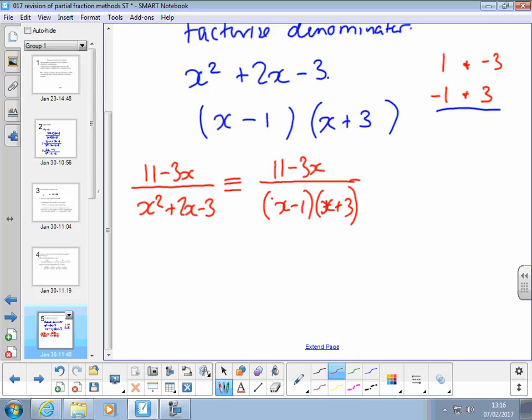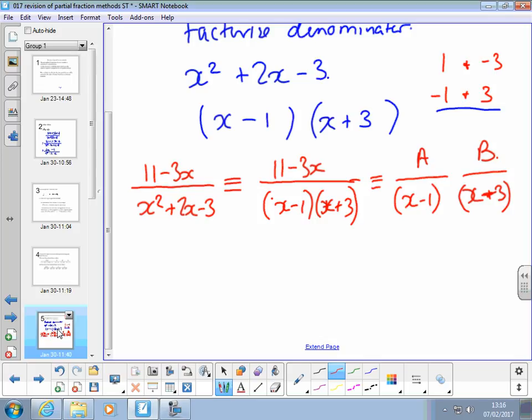Yeah. And then we can say that that's also equivalent to two partial fractions like so, with the denominators being written as two unknowns, A and B. Yeah.